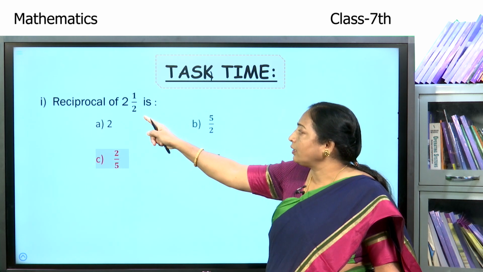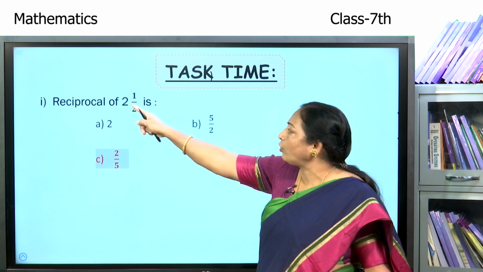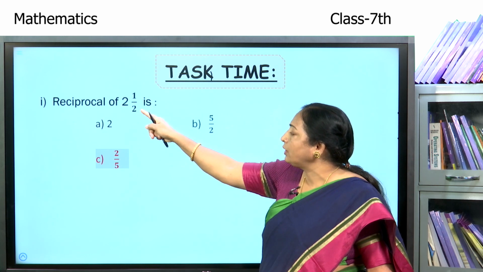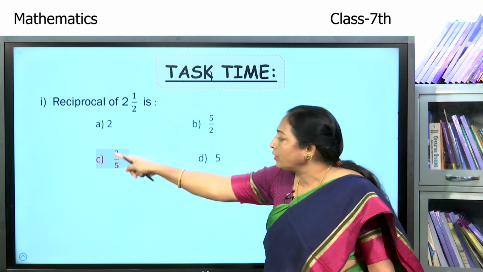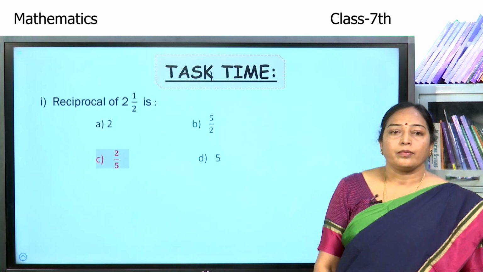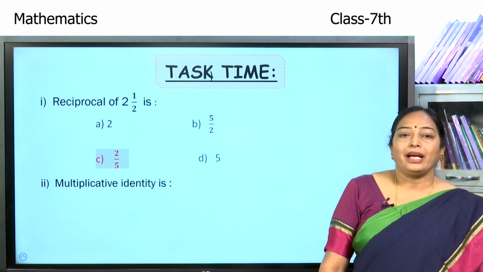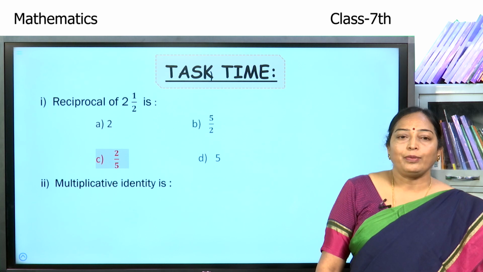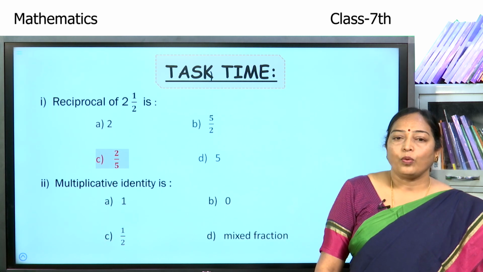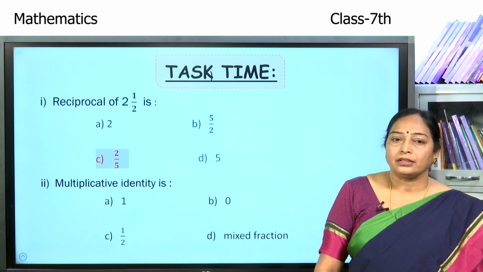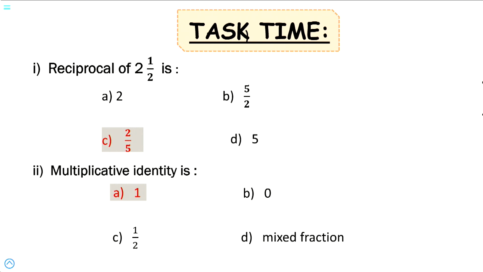The improper form is 2 2s are 4, 4 plus 1 is 5, 5 by 2. The reciprocal of 5 by 2 is 2 by 5. Which is the multiplicative identity? Recall this. 1, 0, 1 by 2. Yes, you are right, children. 1 is the multiplicative identity.